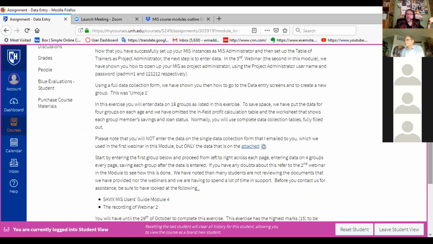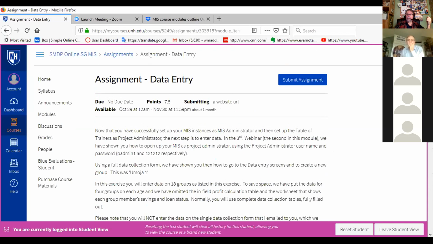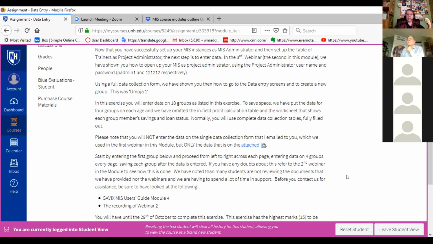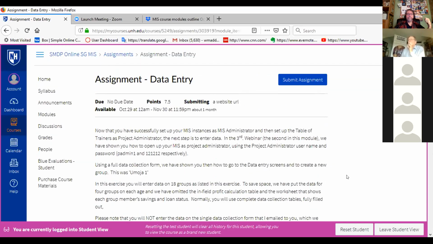People can go to your microphones and tell me if you're seeing the screen. It should say assignment data entry. Is anybody seeing that? Robert, you're seeing that? Yes, I can see that. Okay, good. So I assume everyone else can see that except for Hugh. Okay. No, I can see it.